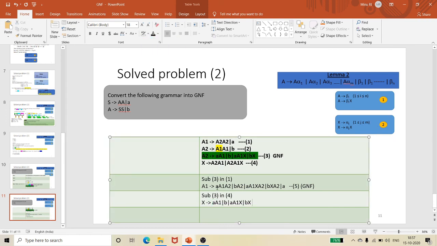It is A2 followed by A1, so make it as A1, A1, A1, A1, then again A2 followed by A1 x. So I just need to add some x, that's it.